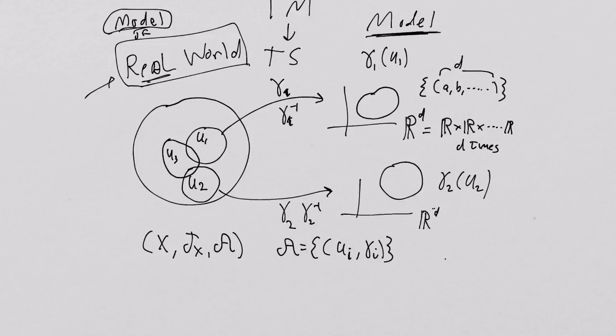Or if we say this is the real world, we're using this as the model and this is reality. And these chart maps are a way of going from reality to the model or the model to reality, depending on how you want to look at this. Regardless, this is where we do all of our work, and this is where all of our labor studying math as a physics student is done.